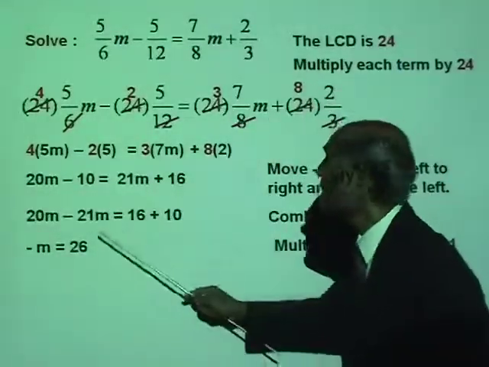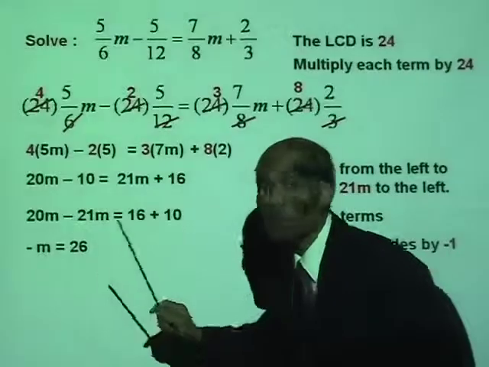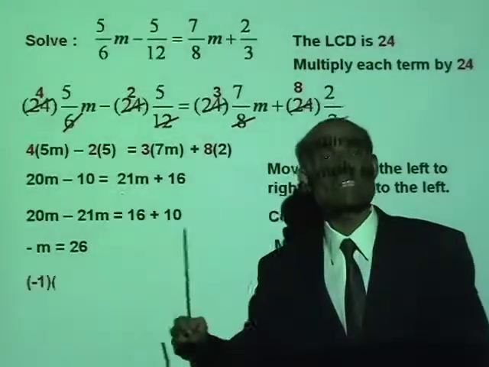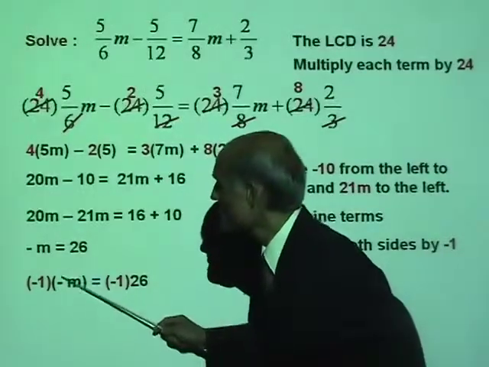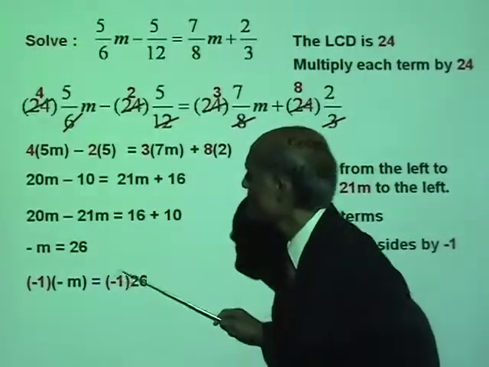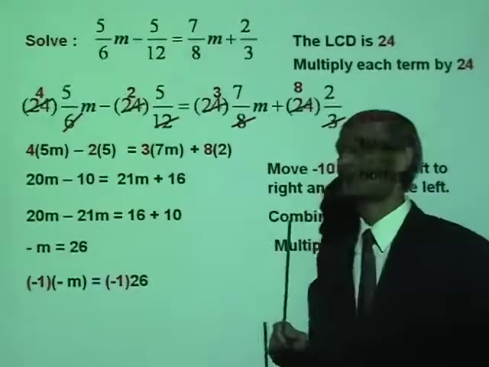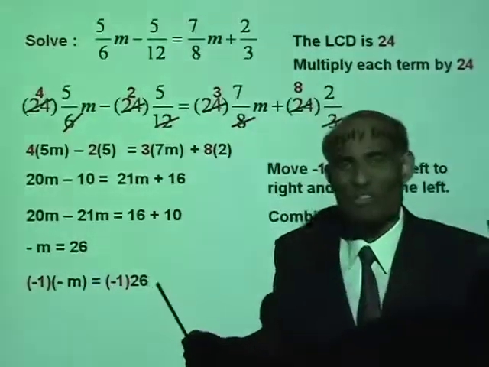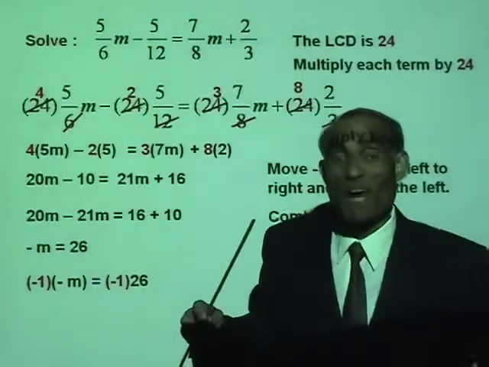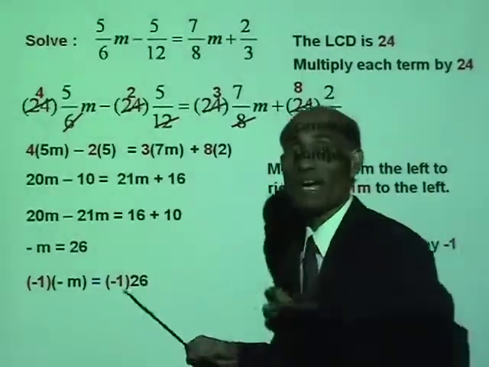If a negative m is 26, what is m equal to? We can make this positive by multiplying by a negative 1. A negative 1 times a negative m equal to a negative 1 times 26. In order to make the negative m a positive m, we multiply by a negative 1 on both sides.